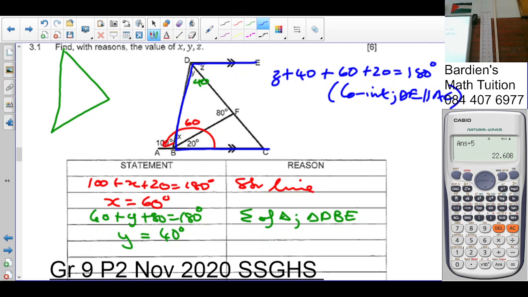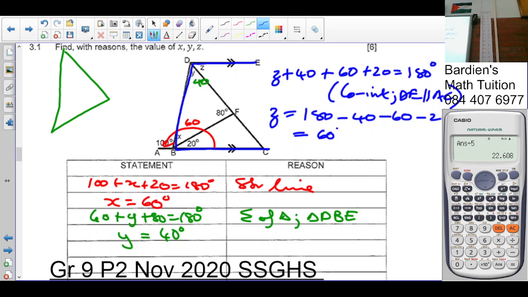Do I have to say that? We're using alternate, corresponding, or co-interior, you must say the lines which are parallel. So z is equal to 180 minus 40 minus 60, which is 80, minus 20.